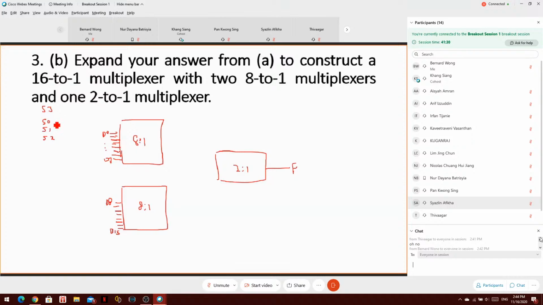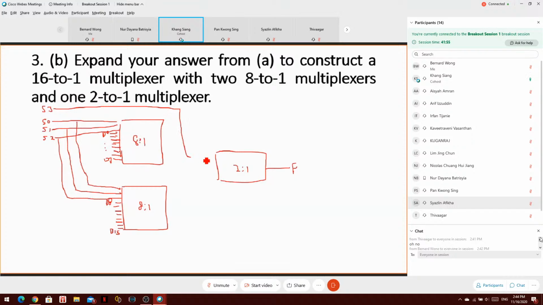Because for 8 to 1, how many lines do I need? I need 3 lines. So this will go here, and another one goes here, and then here. So you only need 3 for the 8 to 1, and another one goes here. So this is the S3.